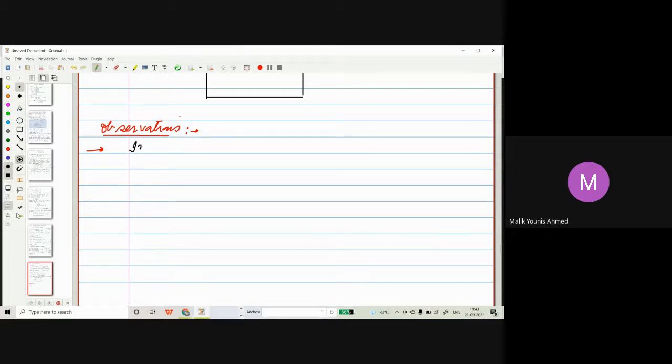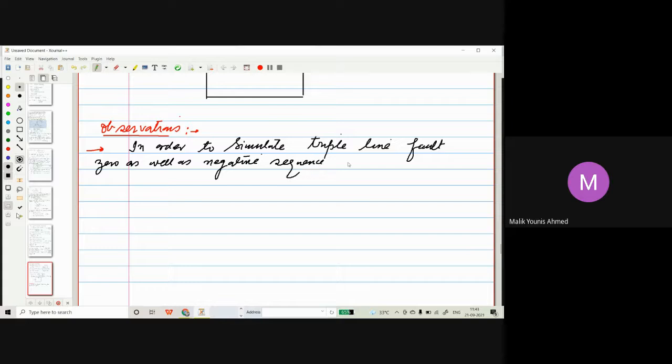So here we can write: in order to simulate a triple line fault, zero as well as negative sequence components of current are absent.